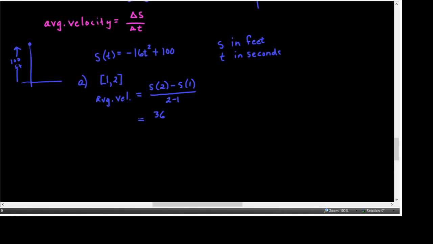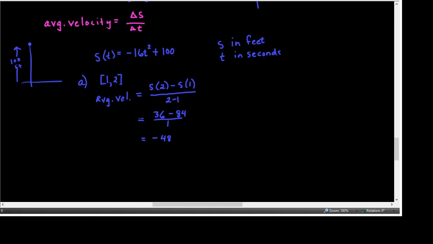I think you can do those calculations without my help, but I thought I'd do one with you. Minus s of 1. If you substitute 1 in, you should get 84. And of course, 2 minus 1 is 1. And so we get negative 48 as the numerical part of our answer.